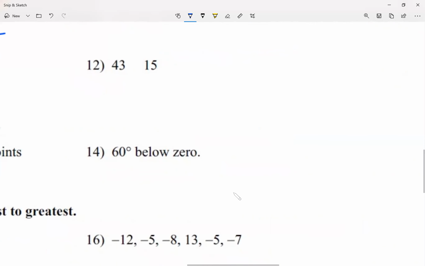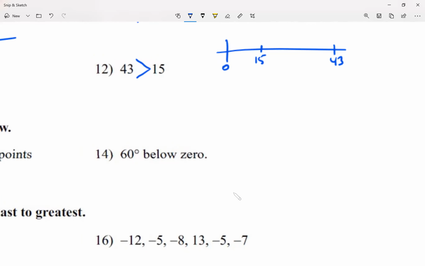Question number 12, I'm comparing two positive numbers, 43 and 15. We can tell that 43 is bigger, right? If I was to draw them on my number line, here's 0, 15 is somewhere over here, and 43 is here, right? 15 is to the left of 43. So that means 43 is bigger. So I'm going to write this inequality sign as a mouth wanting to eat the 43.